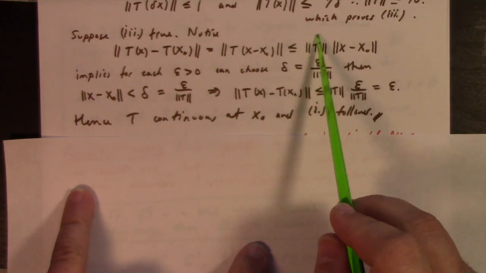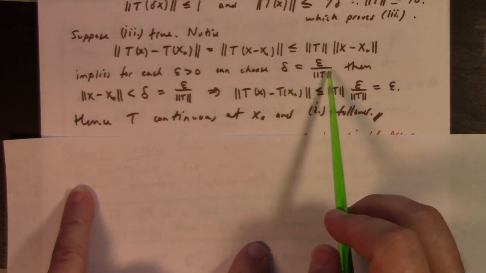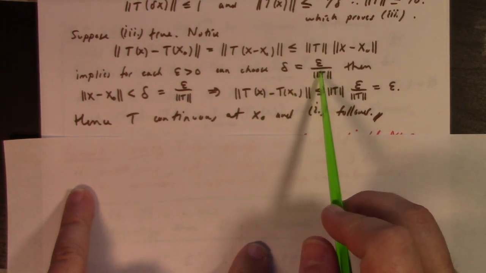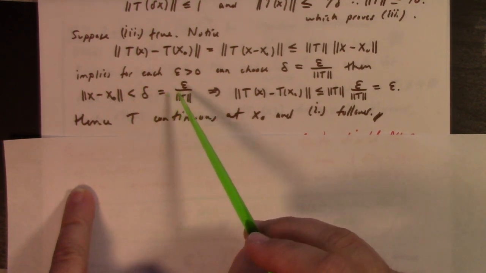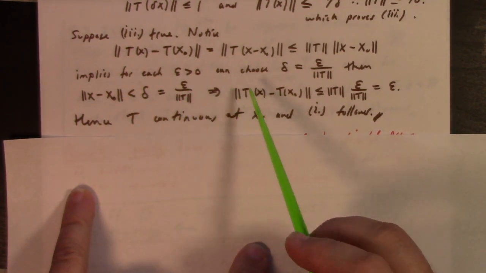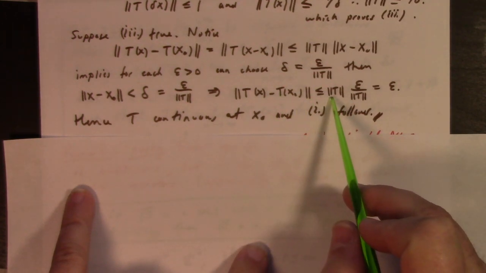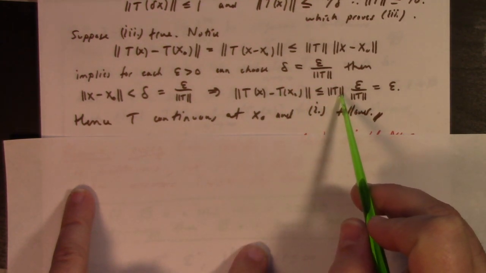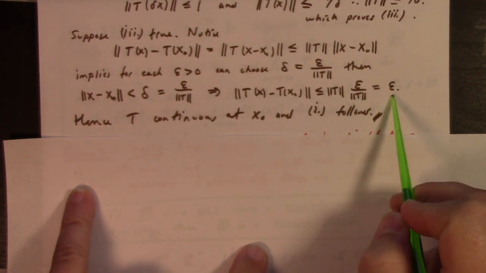Of course, the norm of T is a number because T is bounded. So for each epsilon greater than 0, let's just choose delta to be epsilon over norm T. And so if the difference between x and x naught is less than delta, equal to epsilon over norm T, then the difference of T of x and T of x naught is less than or equal to norm T times that, which is epsilon over norm T. So these cancel, leaving us epsilon.